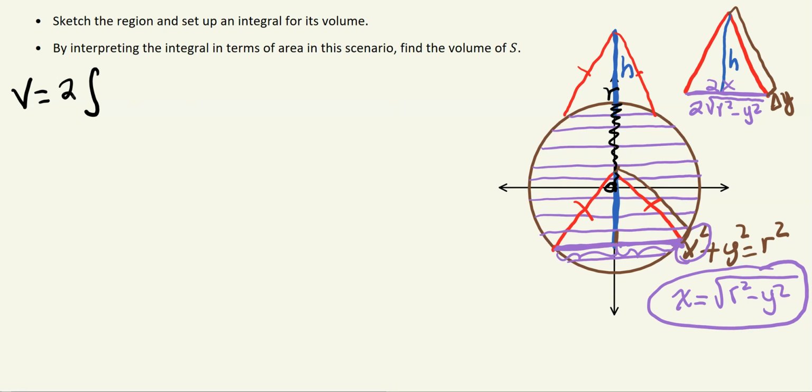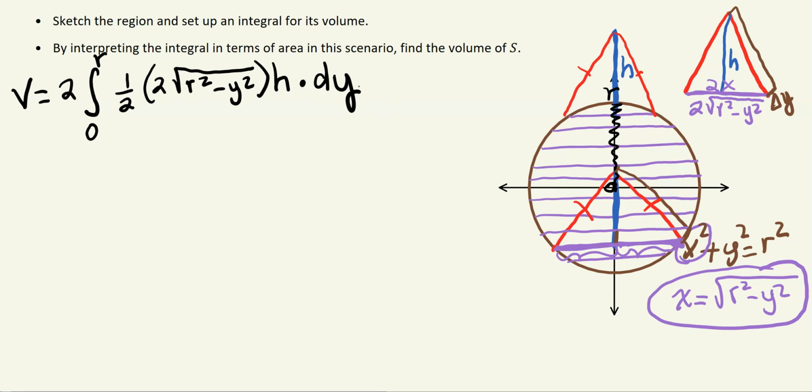So it would be 2, and then from 0 to R of a bunch of slices, and the volume would be 1/2 base times height, and the base would be 2 square root of R squared minus Y squared times the height H, and then multiply by how thick, which is the dy.